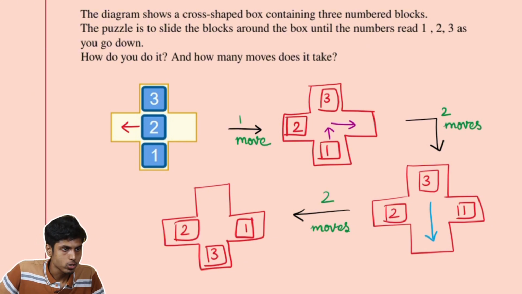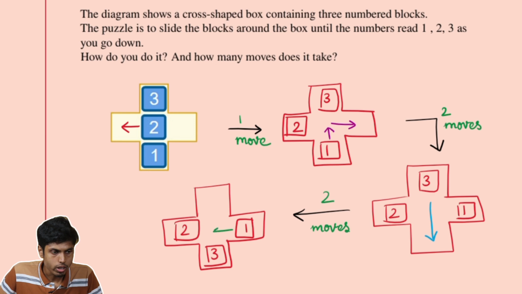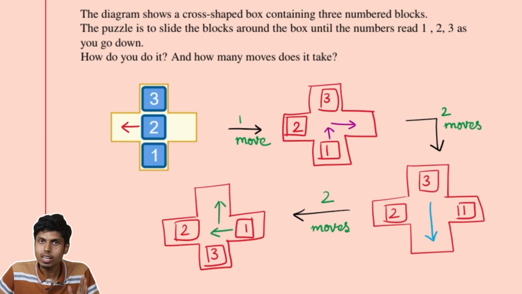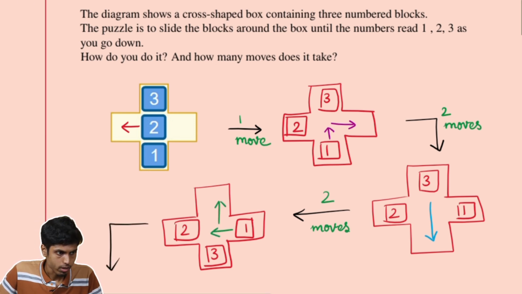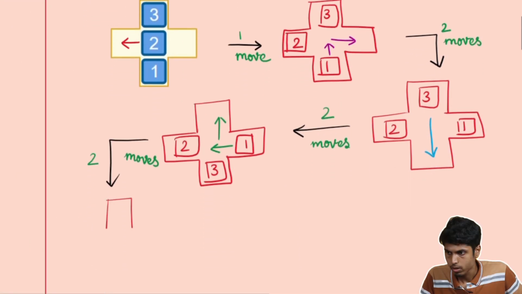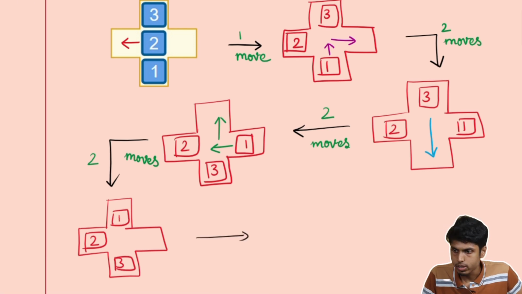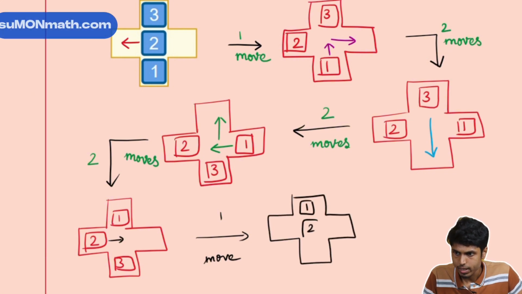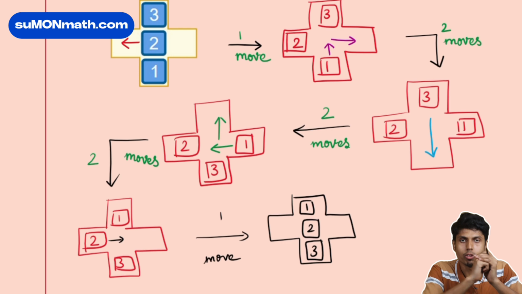So that comprises of moves horizontally left and vertically up. So this gives us 2 additional moves and therefore I get 2 here, 3 here and 1 here. Next, just 1 move to take 2 to the middle position and we arrive at our required configuration.